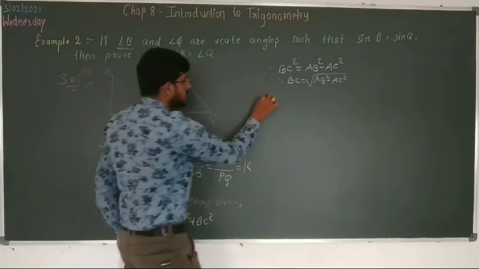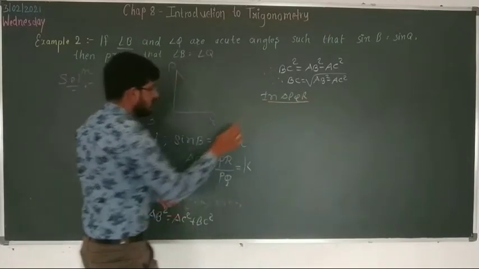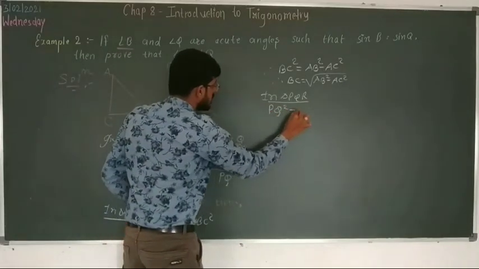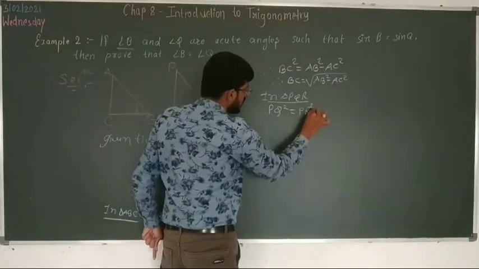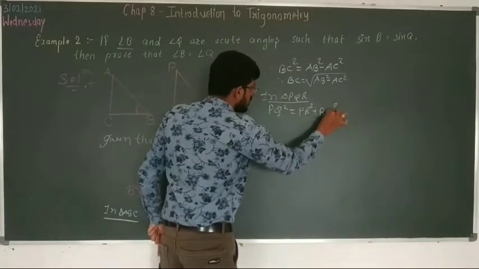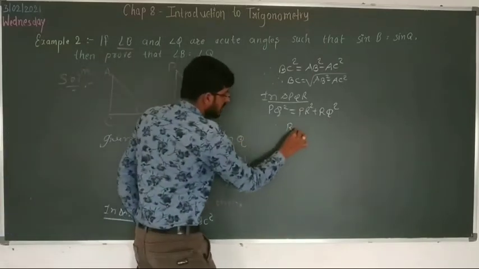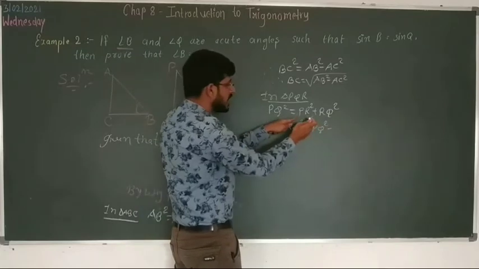Now use it in triangle PQR. So we get PQ square is equal to PR square plus RQ square. Therefore, what is the value of RQ? RQ square is equal to PQ square minus PR square, shifting PR square to the left hand side.